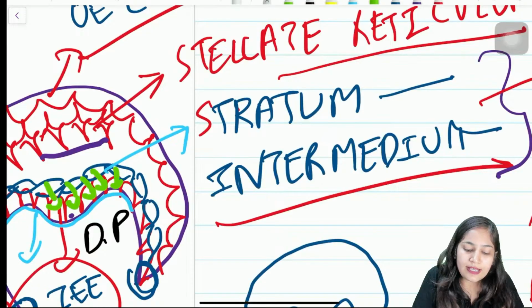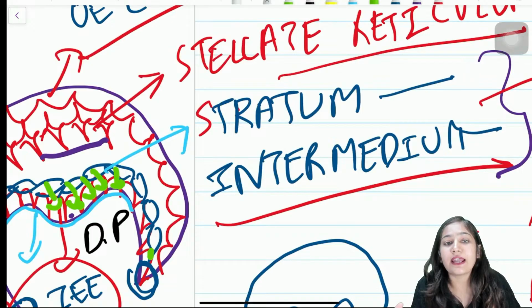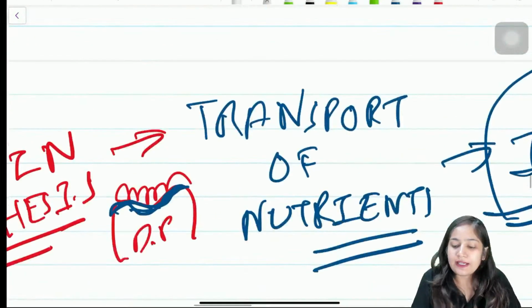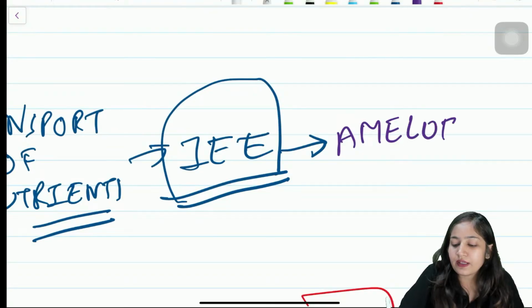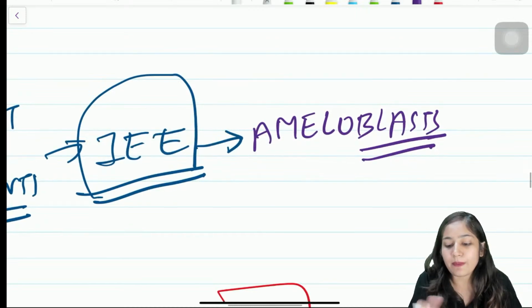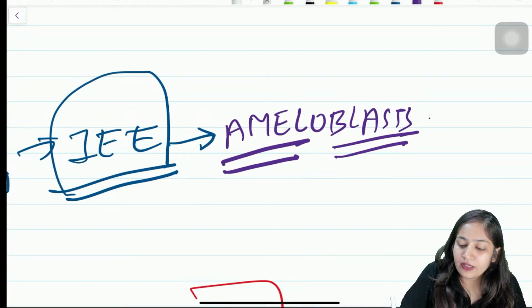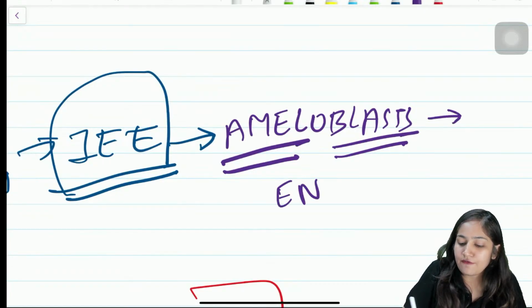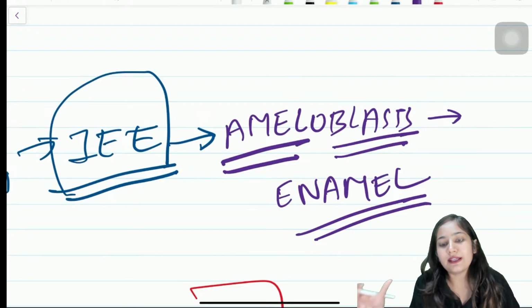As they provide nourishment to these cells, indirectly they help in the formation of enamel, because in later stages these cells differentiate into ameloblast cells. From the word itself, all the blast cells are involved in formation, and amelo means enamel forming cells.